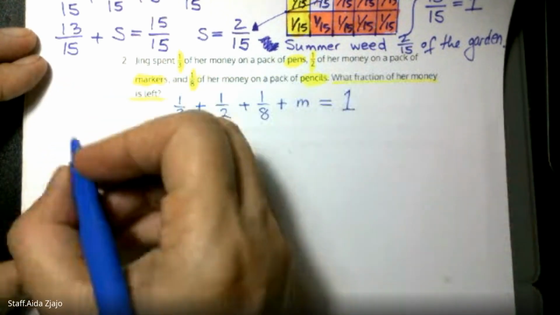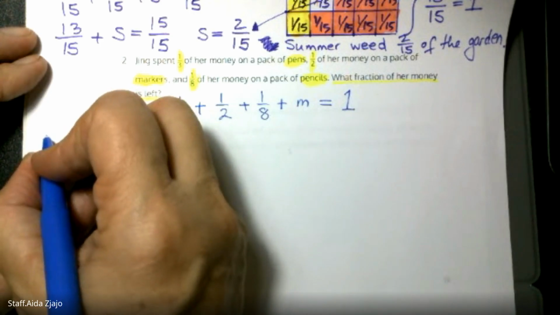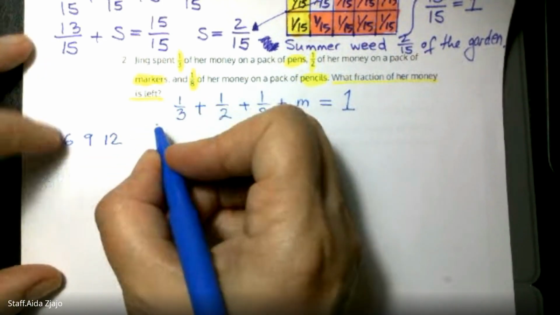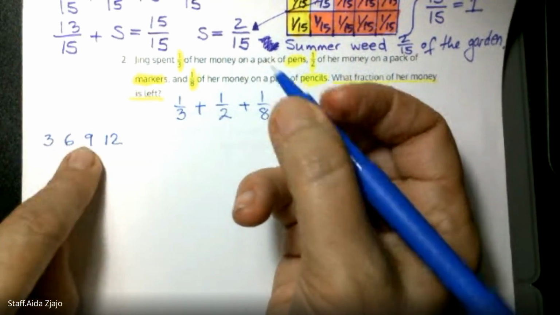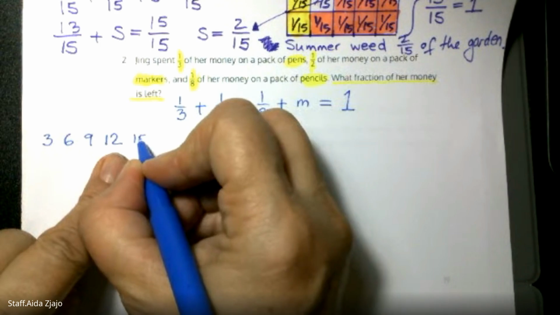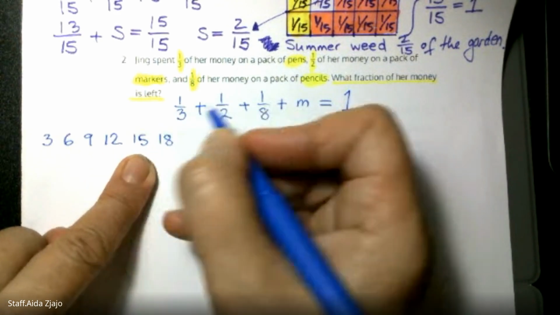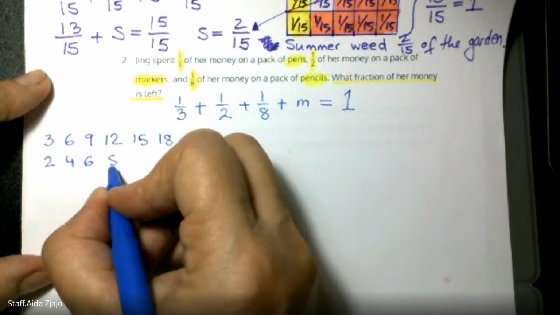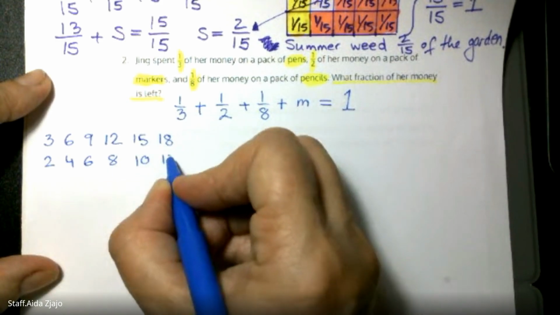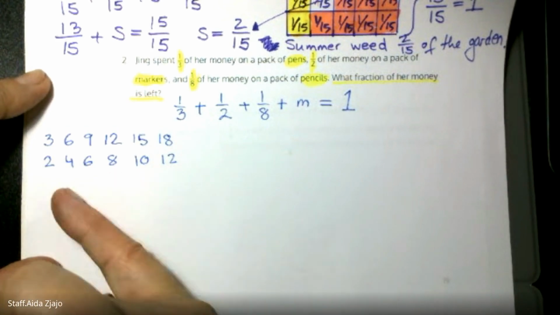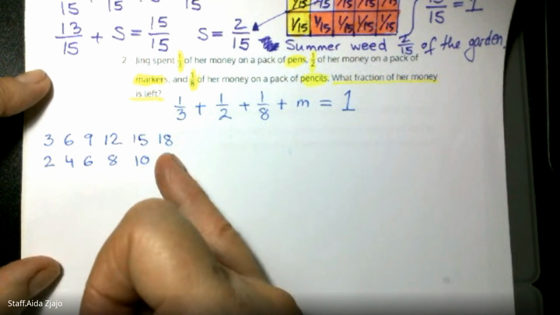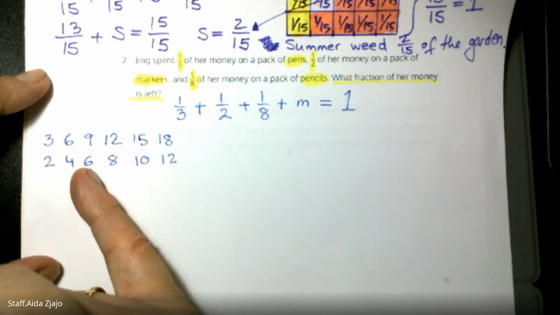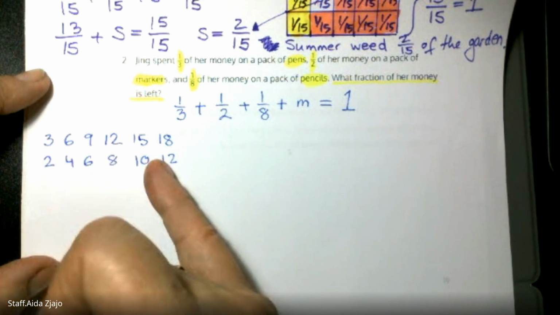So if I go by 3, let's do 3, 6, 9, 12. So every time you add 3: 3, 6, 9, 12, 15, 18. Okay, let's try 2. 2, 4, 6, 8, 10, 12. But I'm not sure that 8 will work. So far, for 3 and for 2, we have 12 and 12.